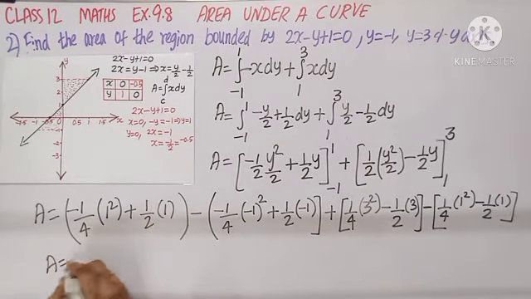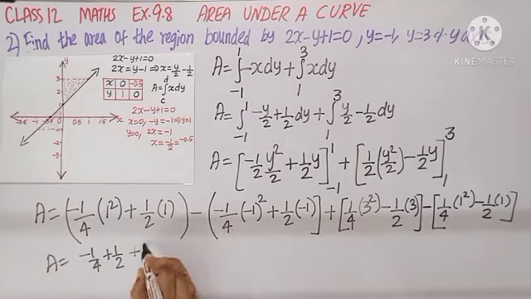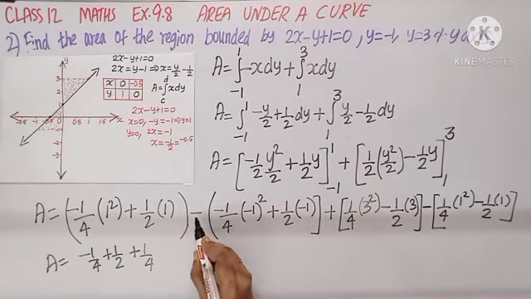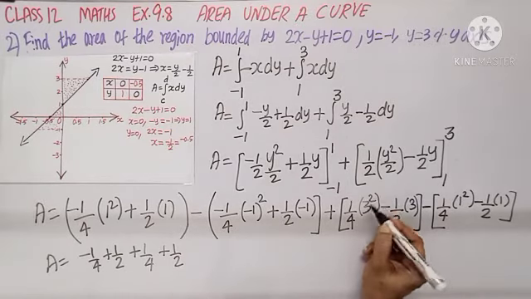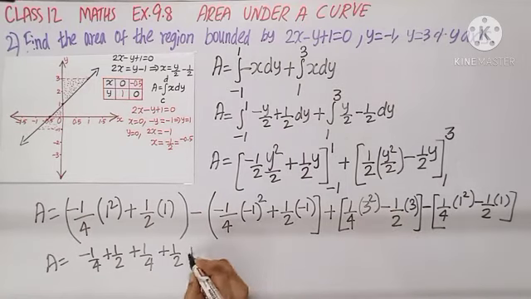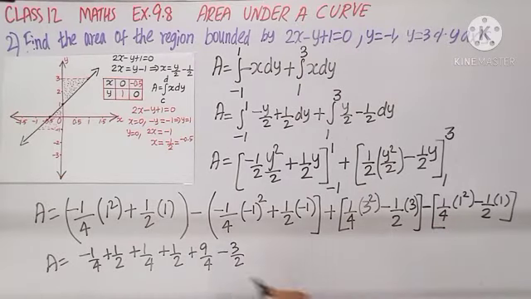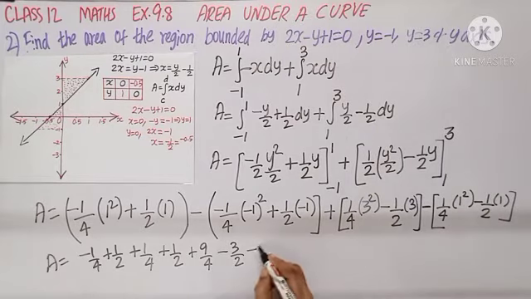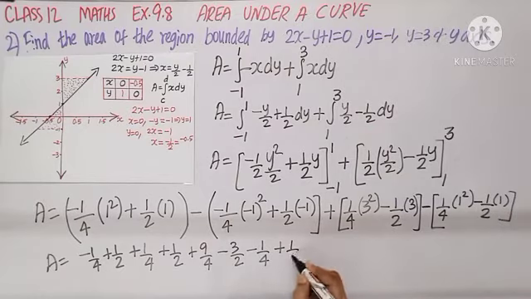Simplifying, 1 square is 1, minus 1 by 4, plus 1 by 2, minus into minus plus 1 by 4. Minus 1 square is 1, ignore. Minus into minus plus 1 by 2. 3 square is 9, 9 by 4 plus symbol, minus 3 by 2. 1 square is 1, 1 into 1 by 4 minus symbol, minus 1 by 4, minus into minus plus 1 by 2.